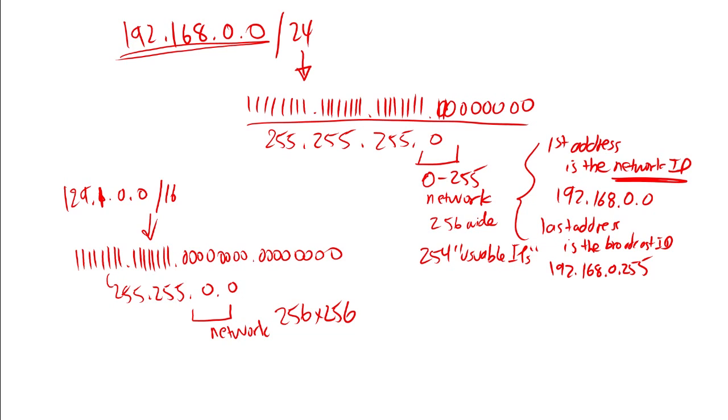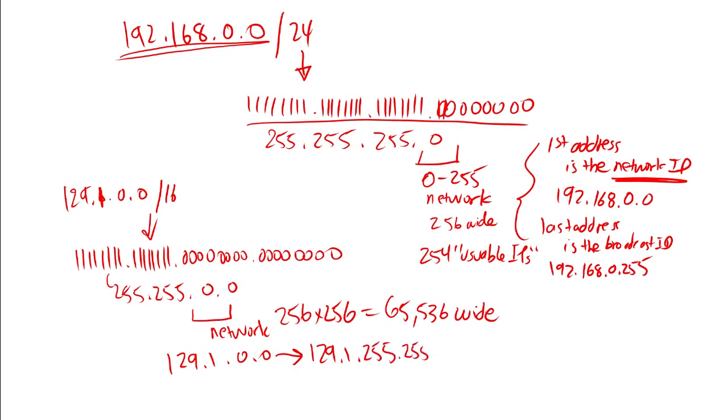So now we know our network is 65,536 wide. And so if the first address is 129.1.0.0, then our last address will be that plus 65,000, so it'll be 129.1.255.255.